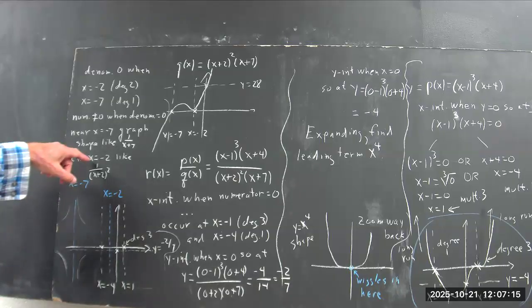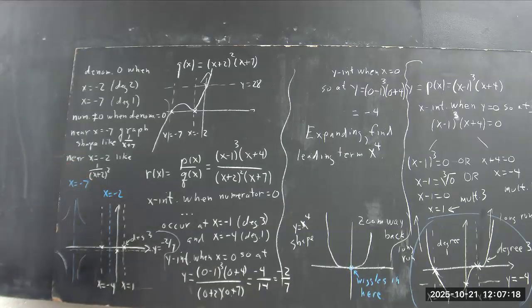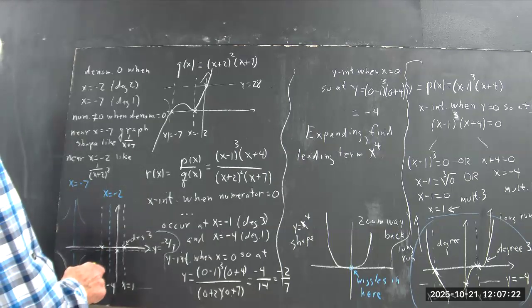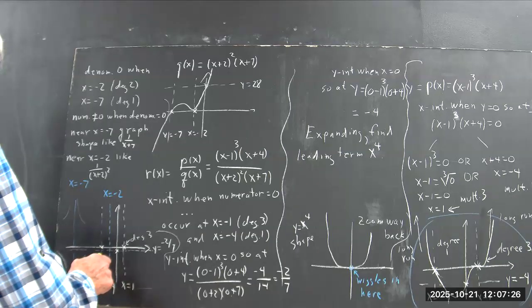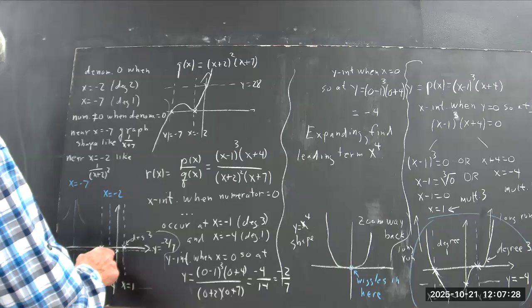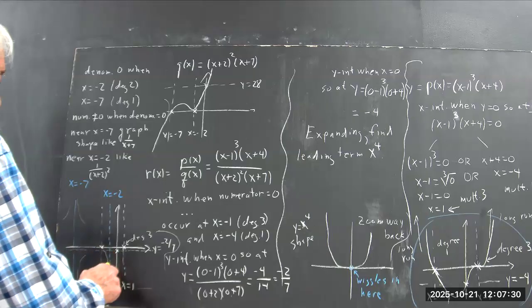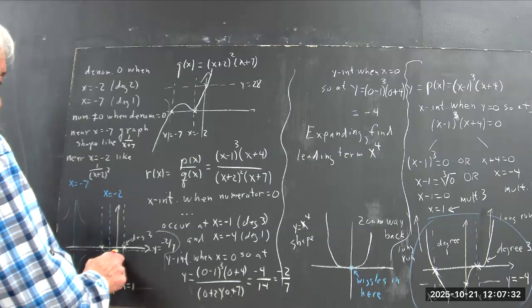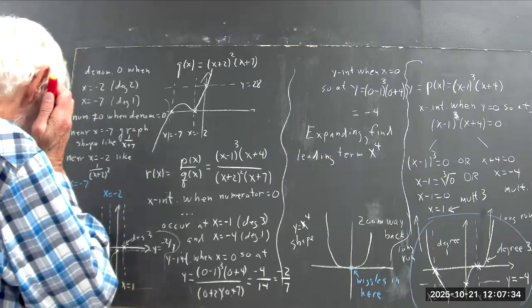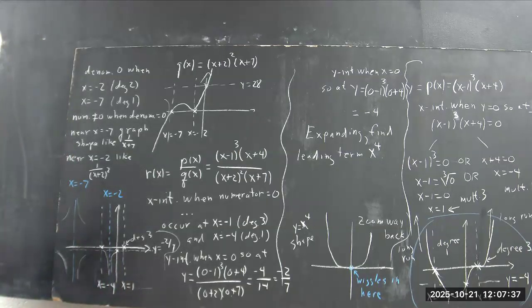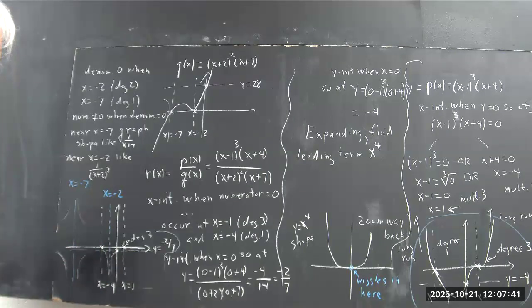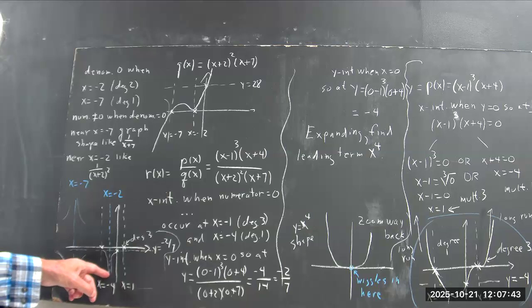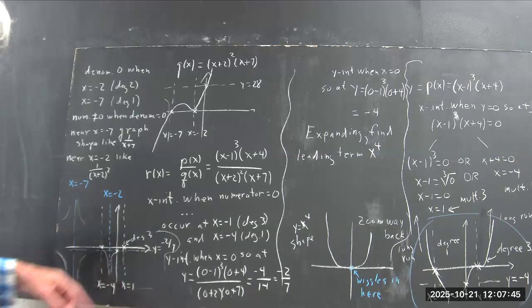Near x equals negative 2, it's like 1 over x plus 2 squared. Now that would end up looking something like this. And since the graph has to go through this point, it's going to be like this.